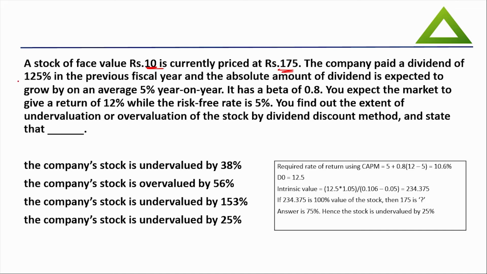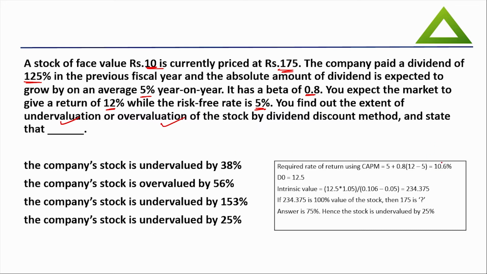The company paid a dividend of 125% in the previous fiscal year, and the absolute amount of dividend is expected to grow by an average of 5% year on year. It has a beta of 0.8, market rate of return 12%, risk free 5%. Find out the extent of undervaluation or overvaluation.